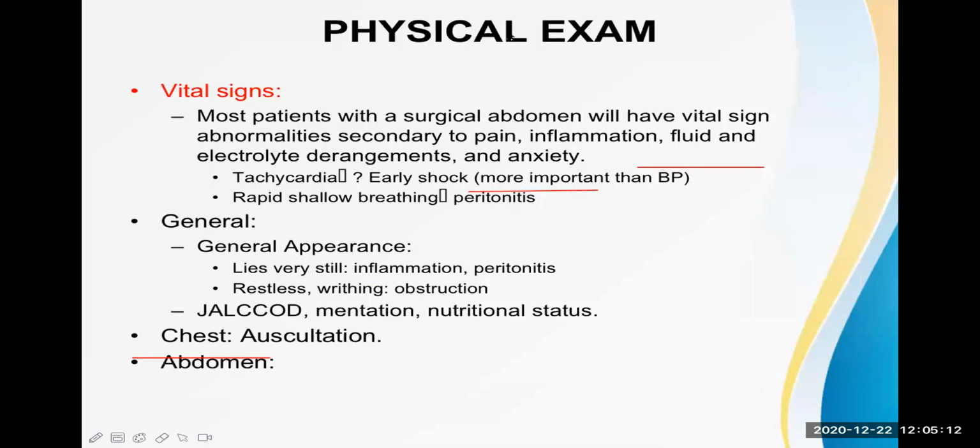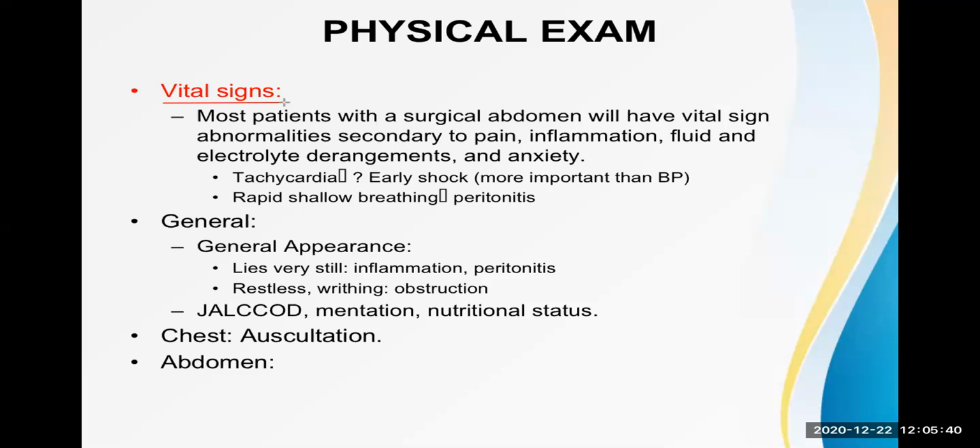Now let's move further. How to examine the patient? How do we do the physical examination after taking this type of history? We always start with general examination of the patient and examination of the vital signs, followed by systemic examination. Okay, don't forget that, a pattern you already know.